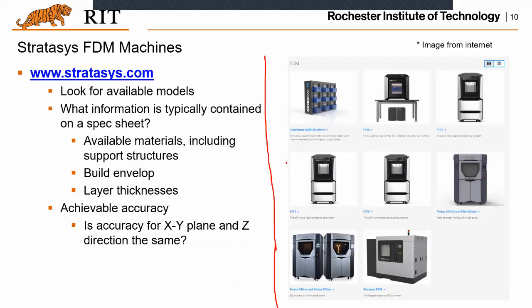Again, that is to maintain a higher temperature during the printing to prevent the curl of the layers. So an essential question for these printers is, what is the achievable accuracy? Is the accuracy for the X, Y plane and the Z direction the same? Can anyone give me an answer?